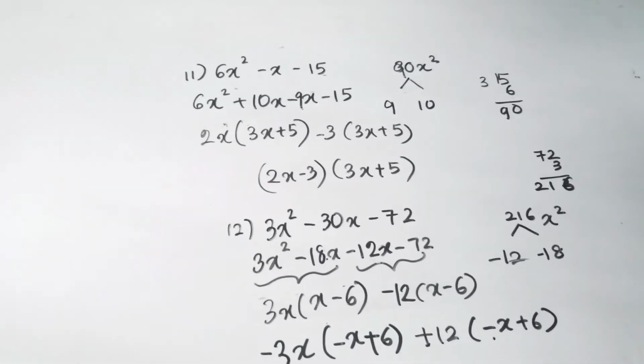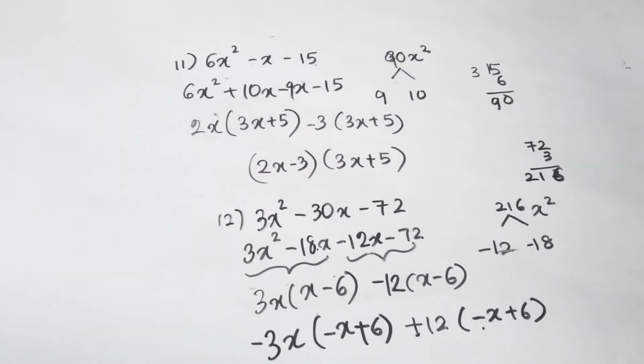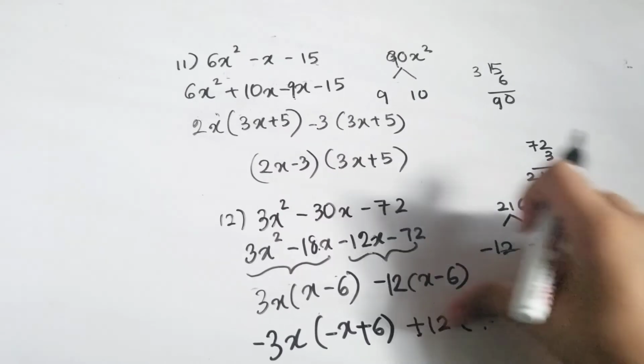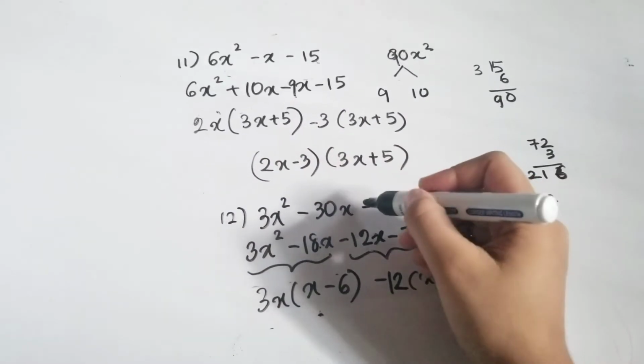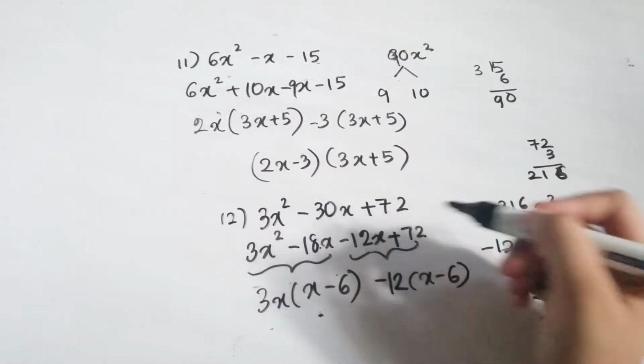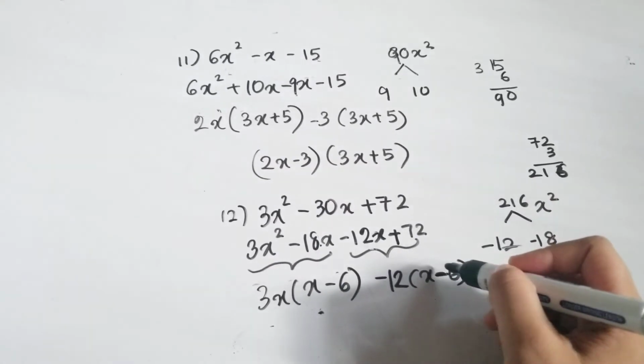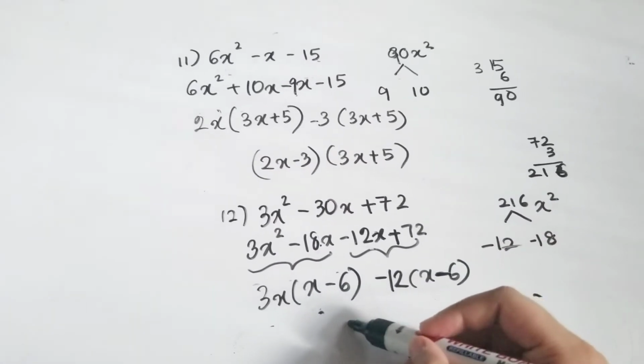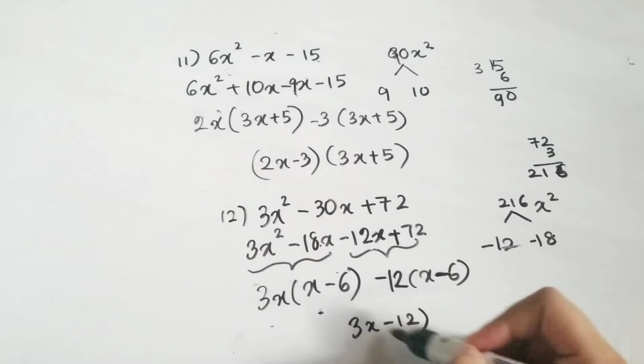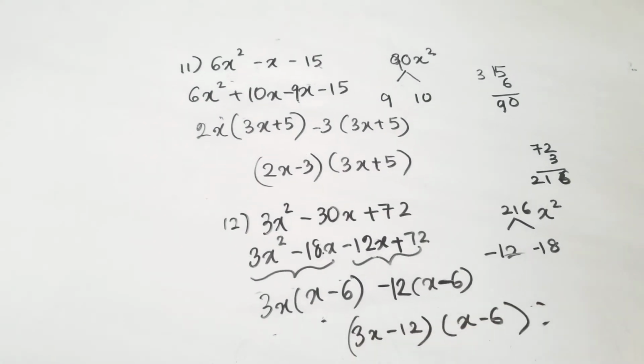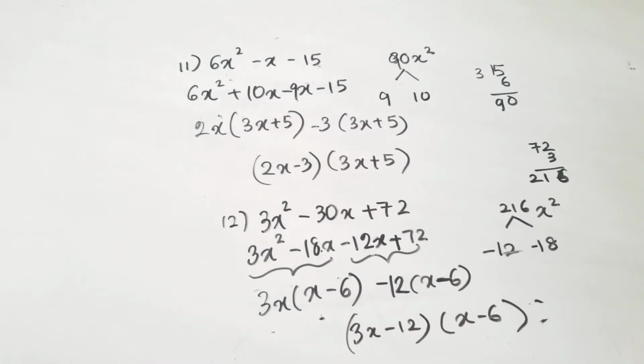That's a problem. Yeah, I think we have to change the sign here. Plus if we put here. We put plus here. This is okay. 3x minus 12, x minus 6. So there are errors in the questions as well, because they are prepared papers, okay? Right, anyways, we'll go to the next question.